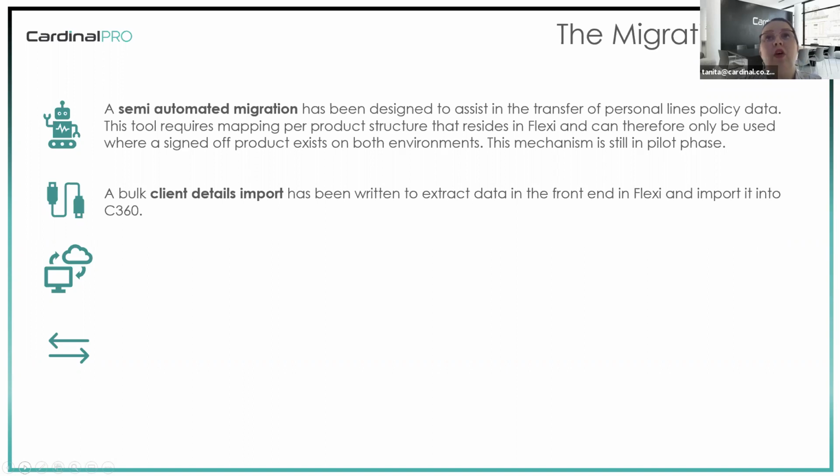Now, this will accommodate commercial and individual clients and will bring across the majority of your client level information, such as the client details, address details, banking details, contact details, etc. This tool is available in the front end, making it really quick and easy to use for any of our Flexi products.